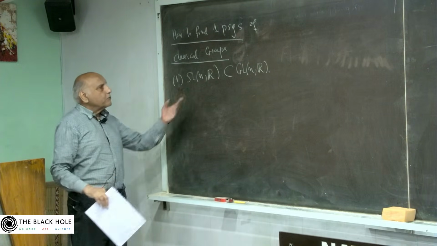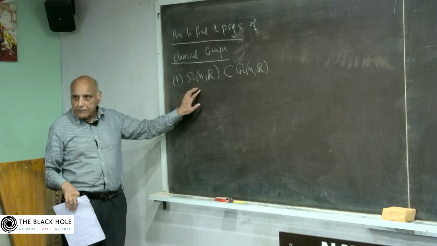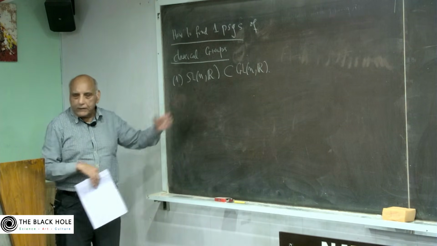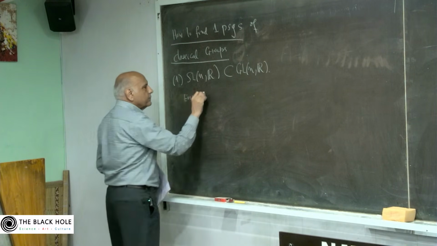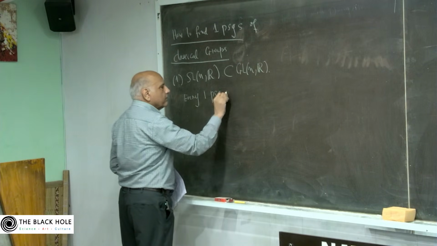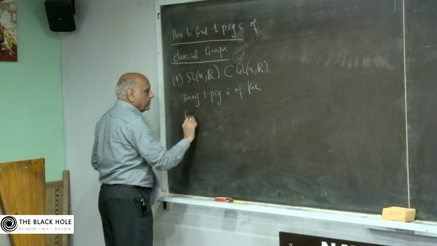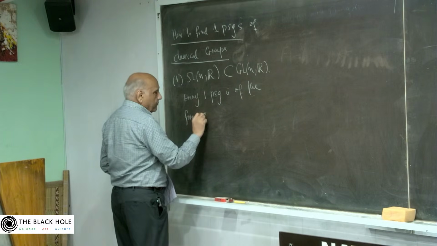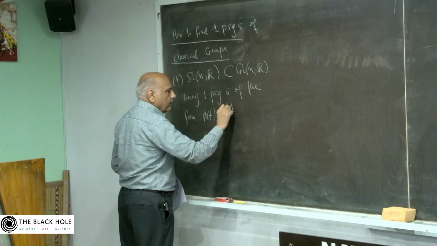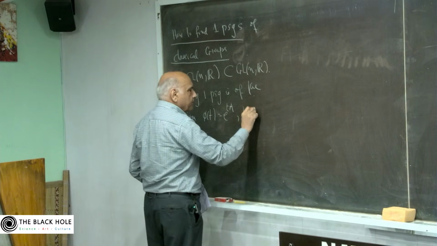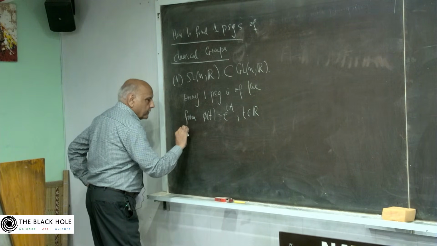So every one parameter subgroup must be of the form phi t equals e to the power of tA, and we must have determinant 1.